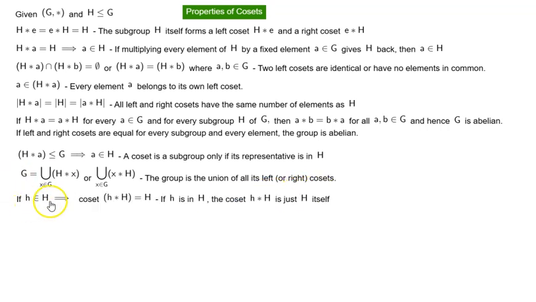If h is in H, it implies the coset H times h is equal to H. So if h is in H, the coset H times h is just H itself.